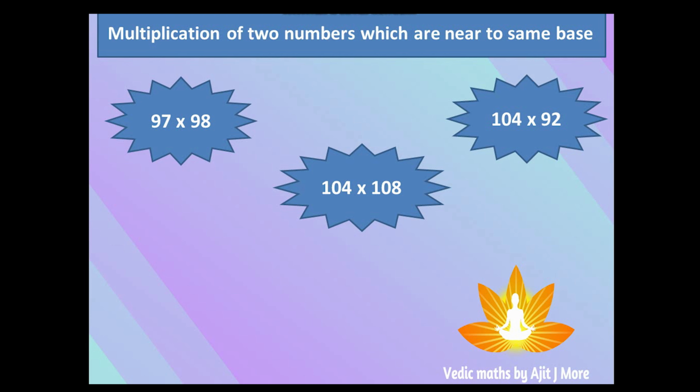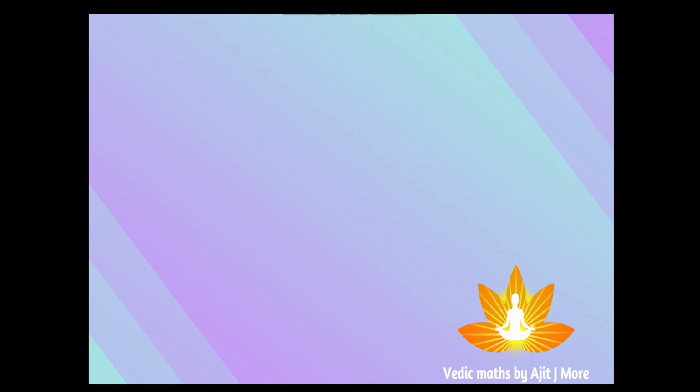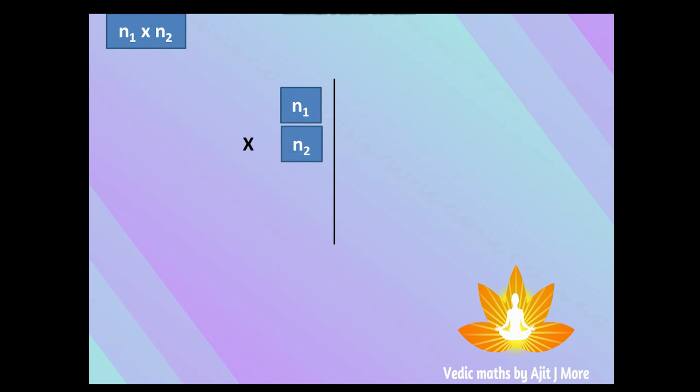Here also we are going to use the Nikhilam rule. So the general rule I'll first tell you, and then how to handle all the three cases, we will discuss one by one. Now our task is to multiply n1 into n2. That is the task.